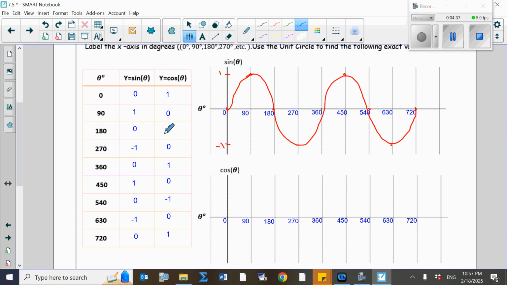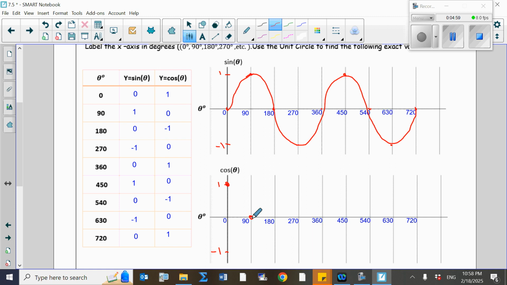Now I'm going to graph cosine. Again, I'm going to look for those points. Let's say 1 is here, the highest point, and -1 is here, the lowest point. So the first point is at 0 and 1. So that's here. Next point, 90 and 0 here.